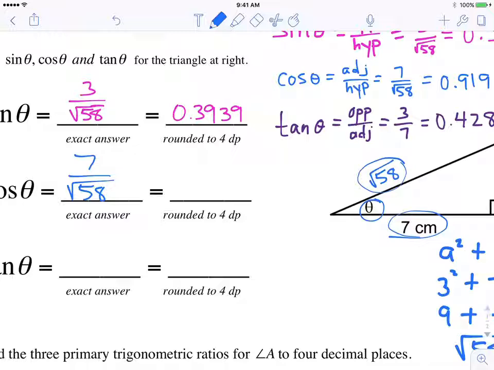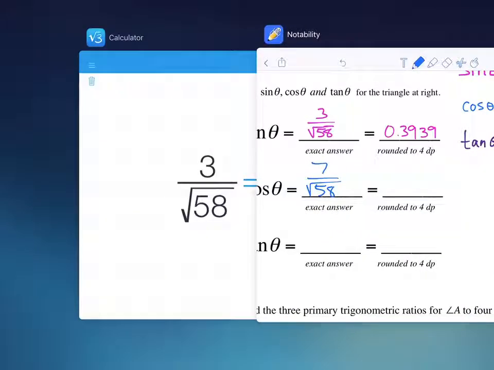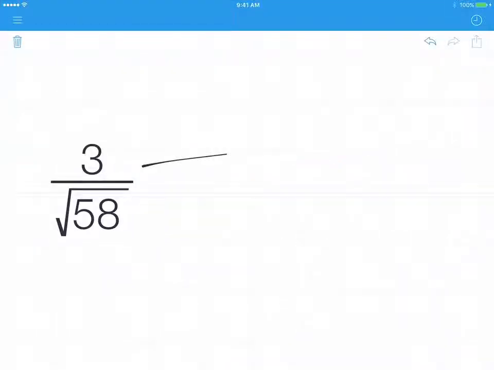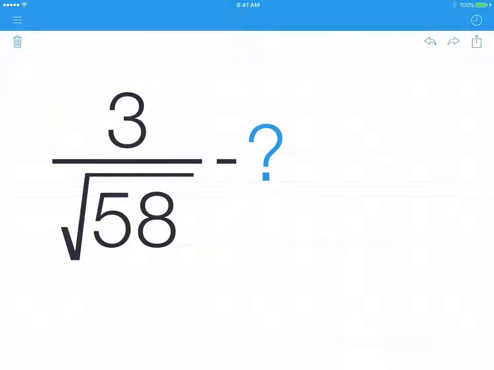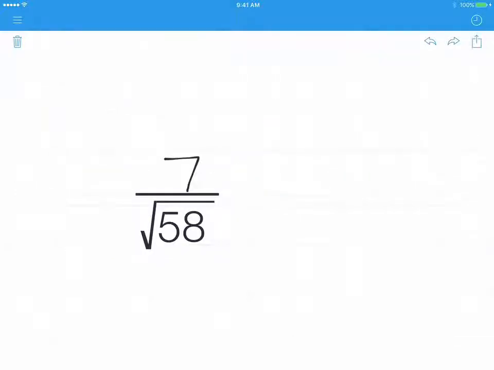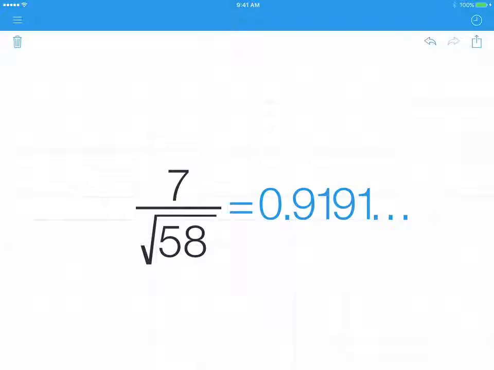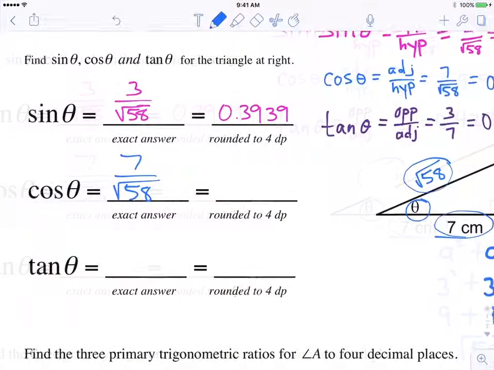And then again, using your calculator, 7 over the square root of 58 is 0.9191. That's really good enough, but 0.9191 is going to continue. So technically, if we're rounding to 4 decimal places, it would be 0.9192. Okay? But I'm okay with 0.9191.